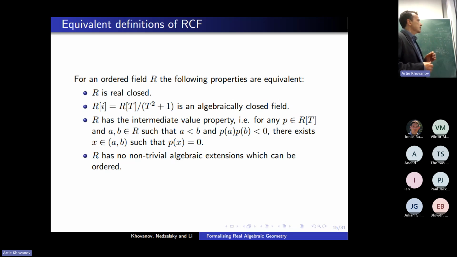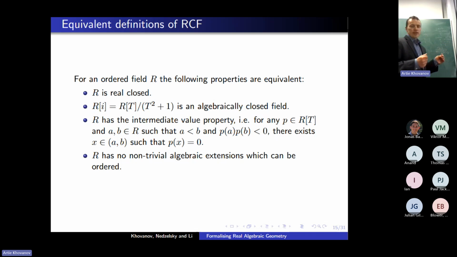The third one is basically a reformulation of the usual topological property for any continuous function, but we restrict only to polynomials, which we have in our inventory. And the last one is also very interesting. It states that it's a maximal ordered field in relation to algebraic extension. We cannot extend it algebraically and keep it ordered.